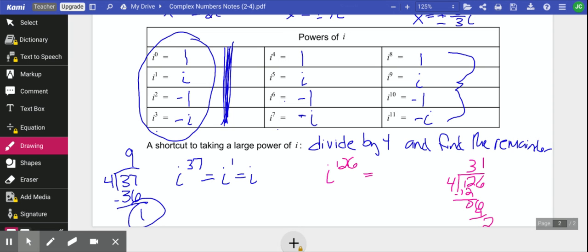So what this is telling us is we've gone through this cycle 31 times. We don't care about that. What we do care about is the remainder. This is the same thing as i squared, and i squared is negative 1. So like I said, in this class, we don't deal with that particular problem very often, but it might be something that pops up on the ACT.